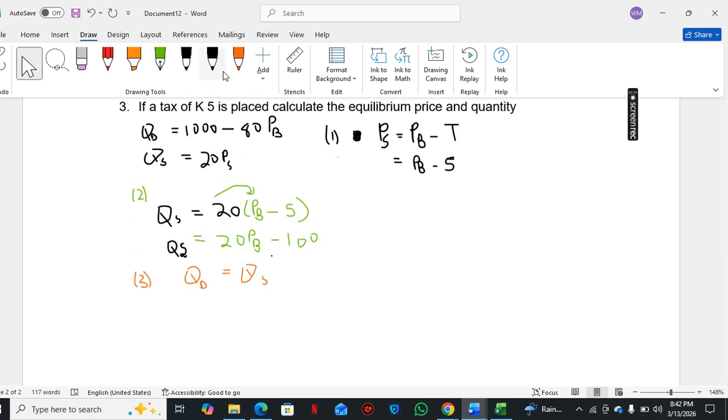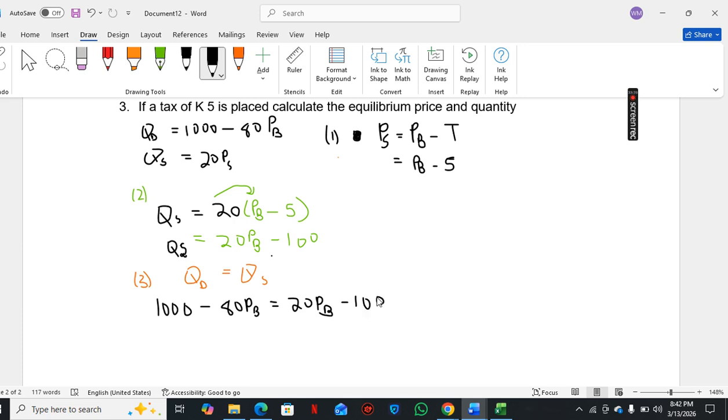QD, remember, is 1000 minus 80 PB, equals 20 PB minus 100.